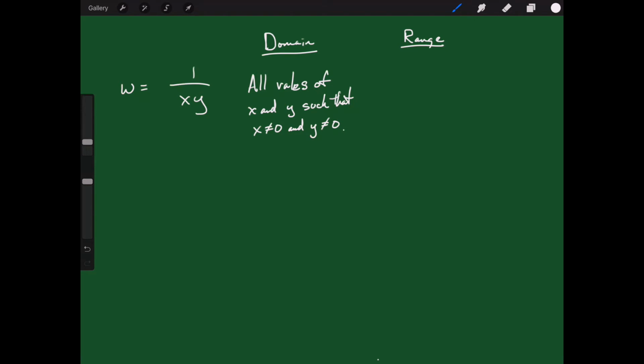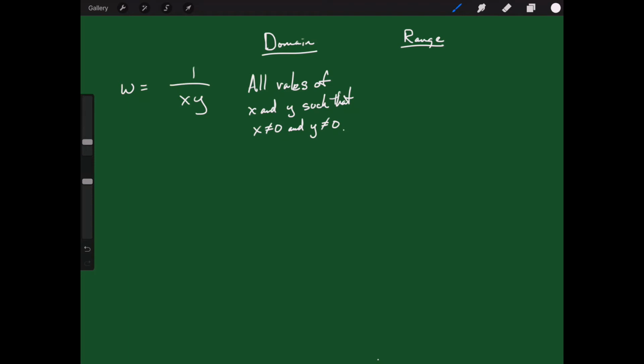The range, well, what types of things could come out of this? Well, I know that x and y are not 0, but could I pretty much get whatever I want here? Sort of. I don't think that I could get 0, but anything other than 0, I think I could get out of 1 over x times y.